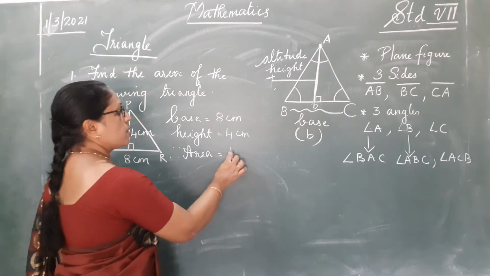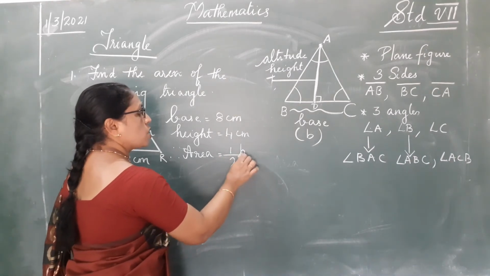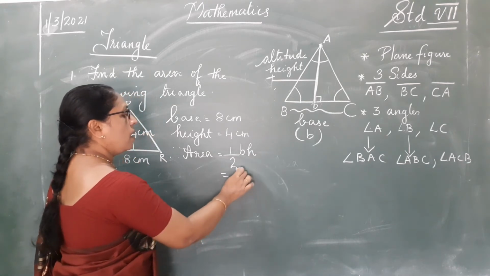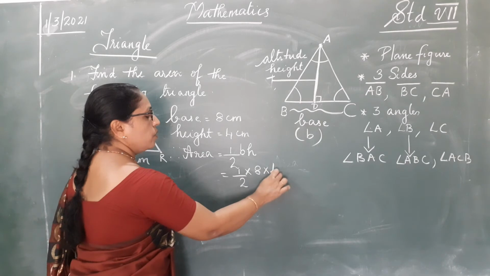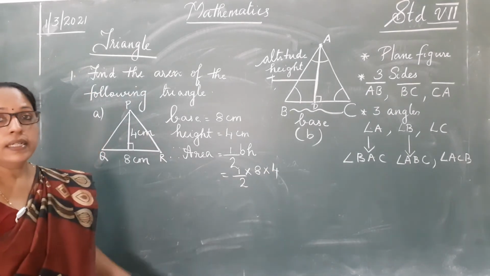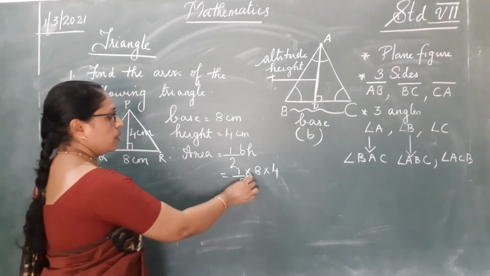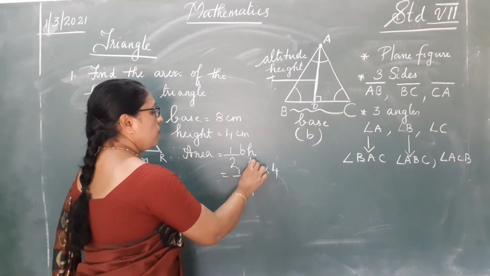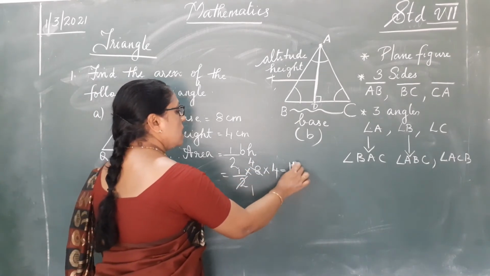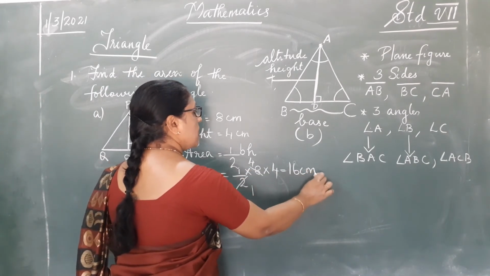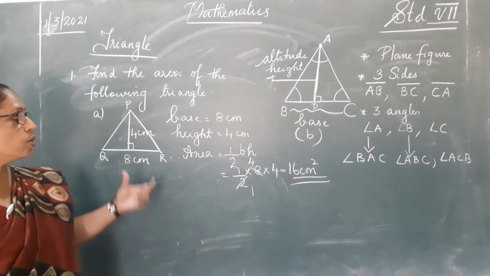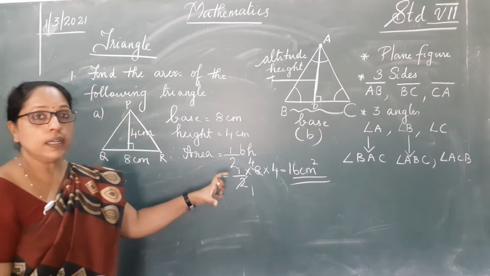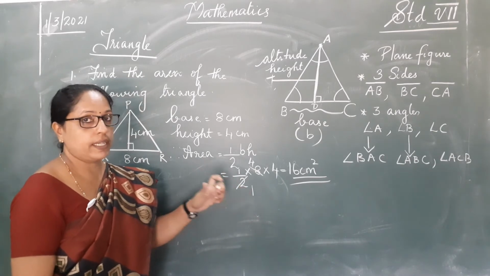Area equals half BH. So half into 8 into 4. Do the simplification: 2 one time, 2 fours are 8, 4 fours are 16. 16 centimeters square. So through a picture we solved the area of a triangle.